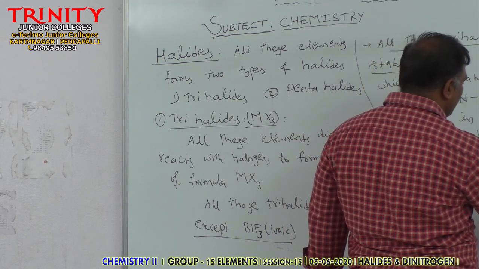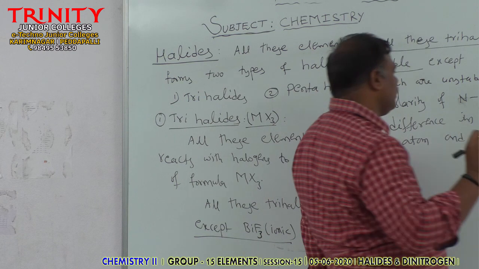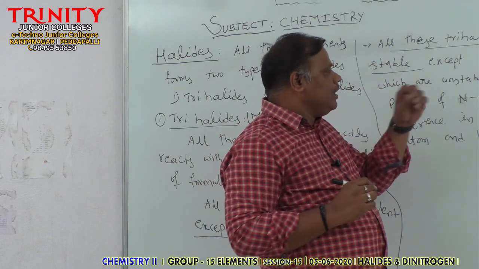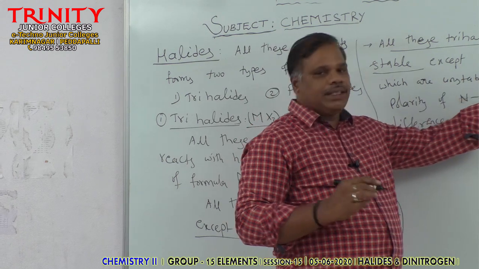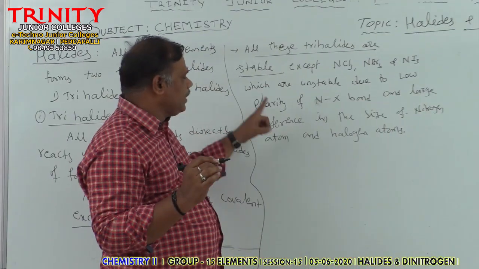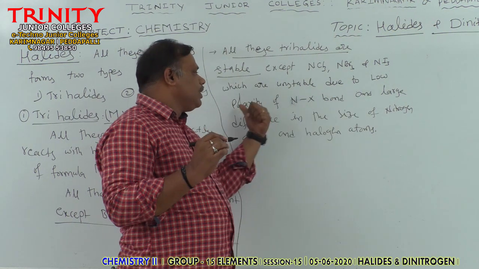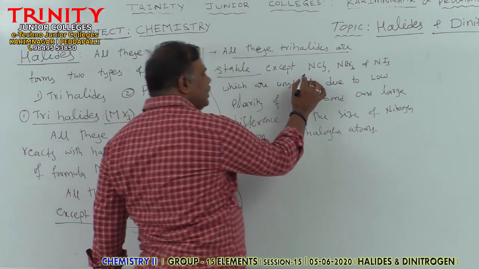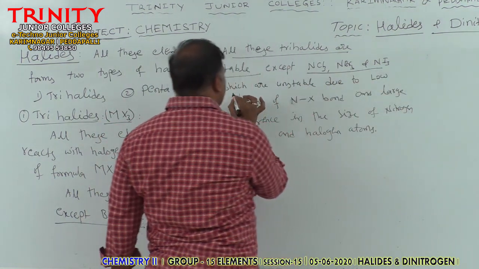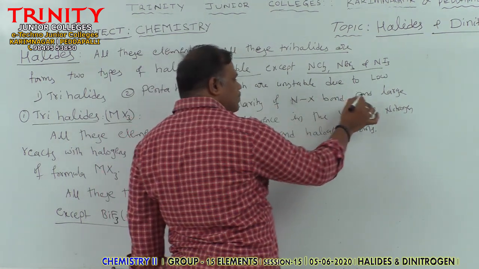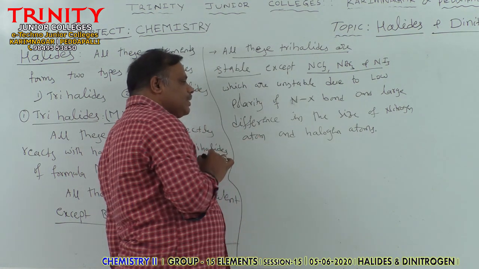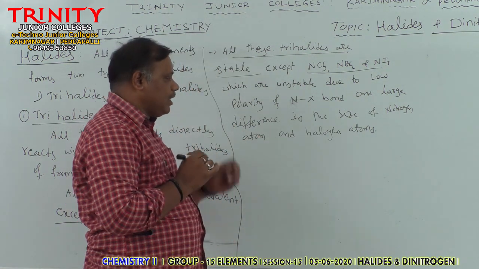Remember, all these trihalides are stable except NCl3, NBr3 and NI3, which are unstable due to low polarity of the N-X bond and the large difference in size of nitrogen and halogen atoms.